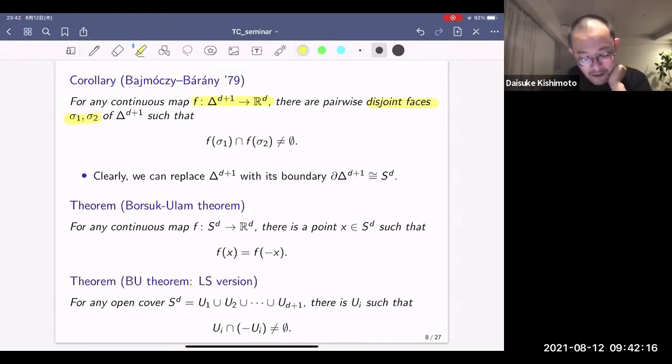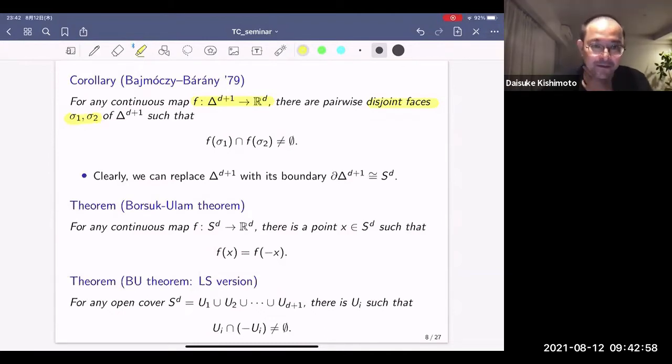So we don't need a map from the whole D plus 1 simplex. We only need a map from the boundary of the D plus 1 simplex into R^D. And of course, the boundary of the D plus 1 simplex is homeomorphic to the D sphere. So the topological Radon theorem is about a map from S^D into R^D.